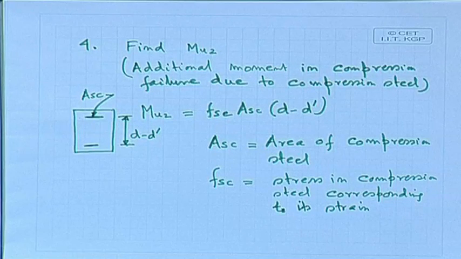So, we have two parts, Mu1 and the other part is Mu2.